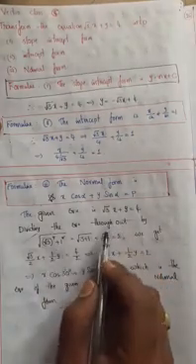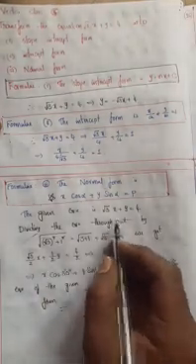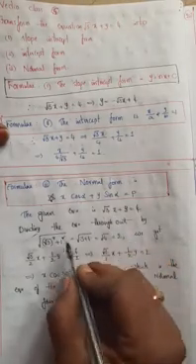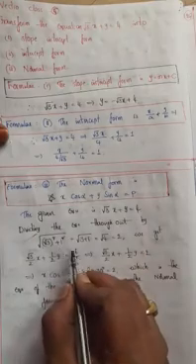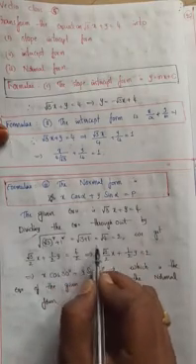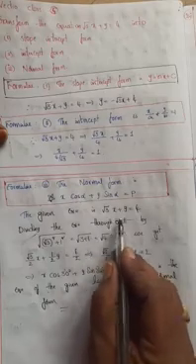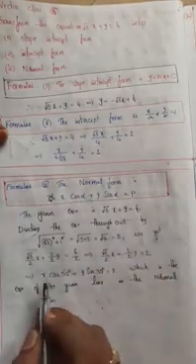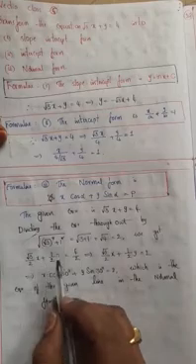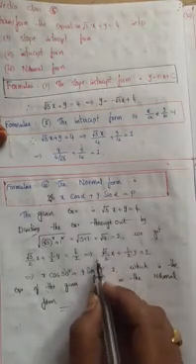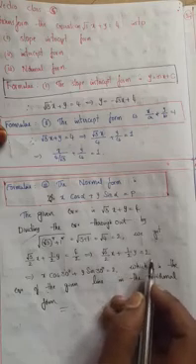So first let us take the square root of the x coefficient square plus y coefficient square, under square root of 3 plus 1, that is root 4, which is equal to 2. So if you divide this equation by 2, what do you get? Root 3 by 2 into x plus 1 by 2 into y is equal to 4 by 2, that is 2.